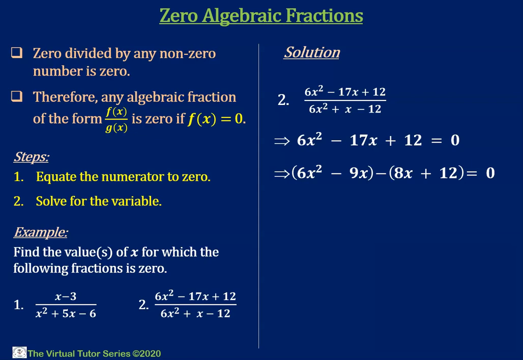So the first two terms factorizes into 3x into bracket 2x minus 3 bracket closed. The common factor of negative 8 and 12 is negative 4. So the second two terms factorizes into negative 4 into bracket 2x minus 3 bracket closed is equal to 0.